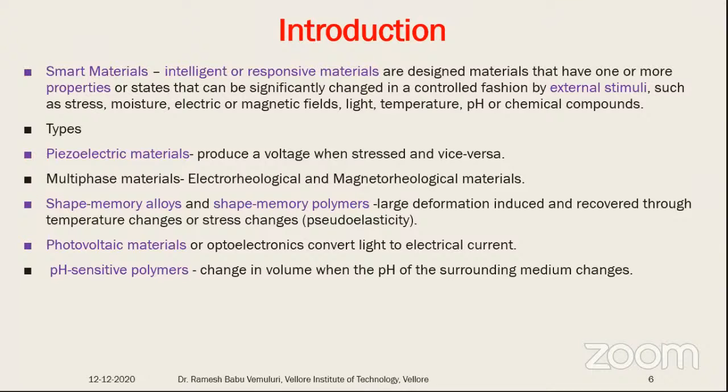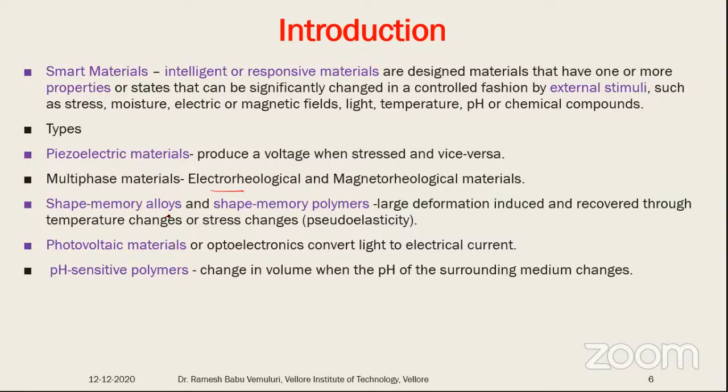That is also possible. Then multi-phase materials: by giving certain external stimuli, maybe an electric field, in this case electrorheological materials can alter their states, whereas magnetorheological materials, by applying an external magnetic field, can have their properties enhanced. And then shape memory materials.